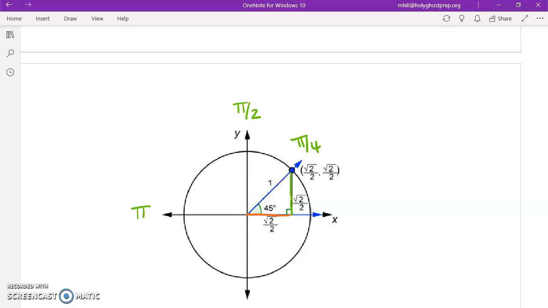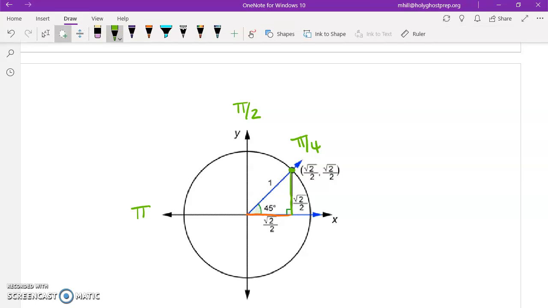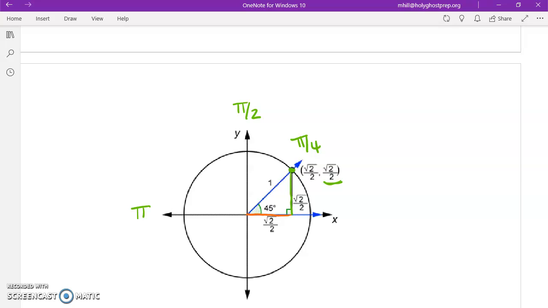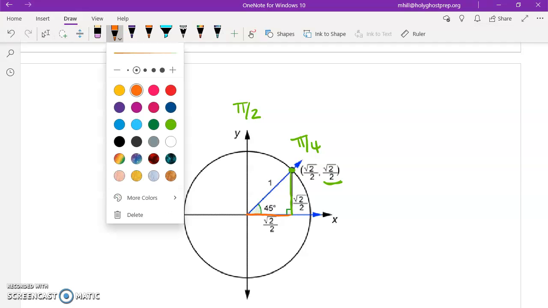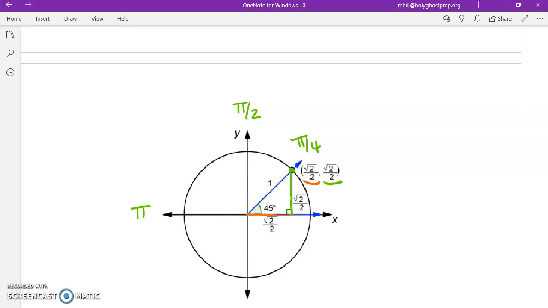So this coordinate of that point where the 45-45-90 triangle intersects with the unit circle is the square root of 2 over 2 and the square root of 2 over 2. Your x value, which is the orange side length there, and the y value, which is the height, which was the green side length of your 45-45-90 triangle. So that's where those come from. Hit pause and write that down, please.